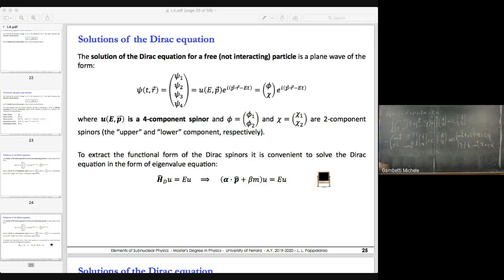And now we can also rewrite this system in a more convenient way. E minus mI phi minus sigma dot p chi equal to 0, and minus sigma dot p phi plus E plus m identity matrix chi equal to 0.